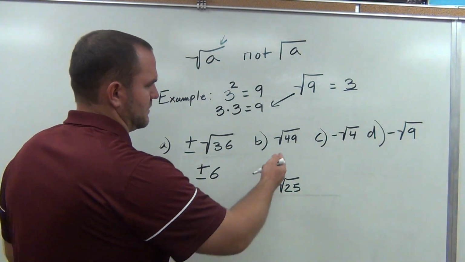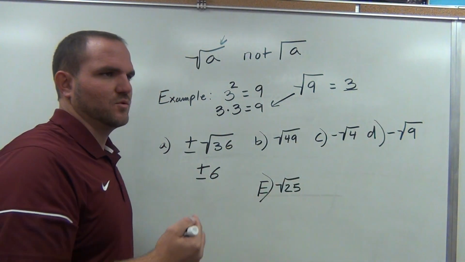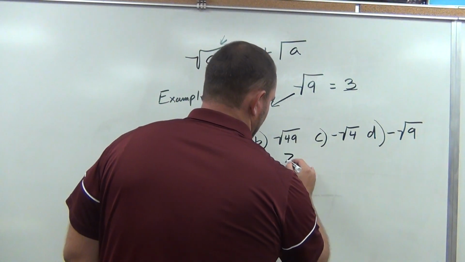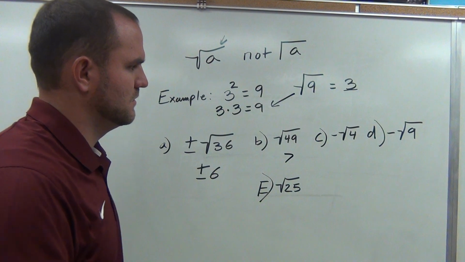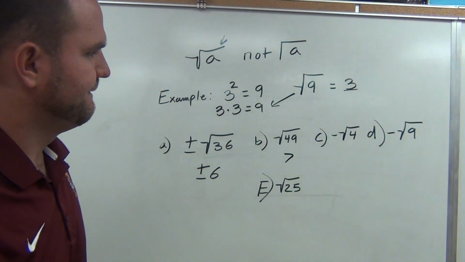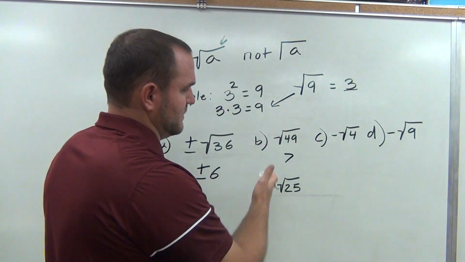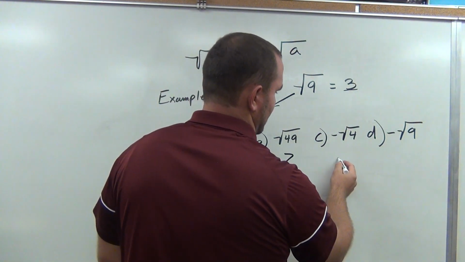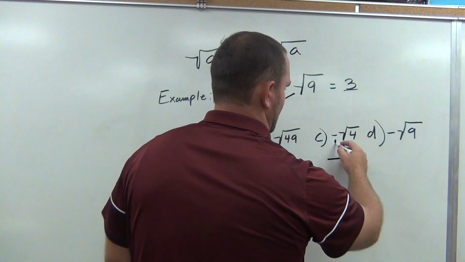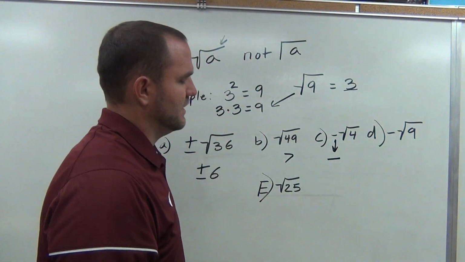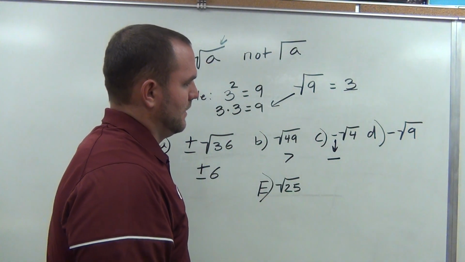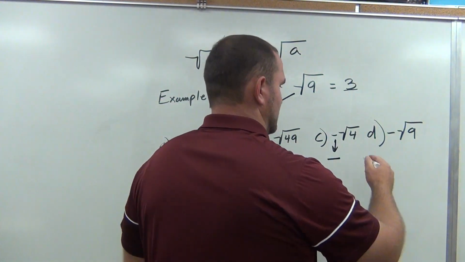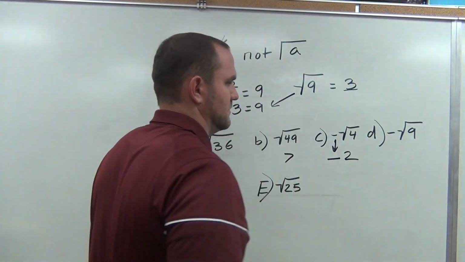So going into this one, what times what would equal 49? Hopefully you got 7. There was no symbol, so we didn't need to do anything with that. But this symbol right here is negative, so I'm going to just drop this down automatically. Put that down there. So what times what would equal 4? Well, 2 times 2 would equal 4.